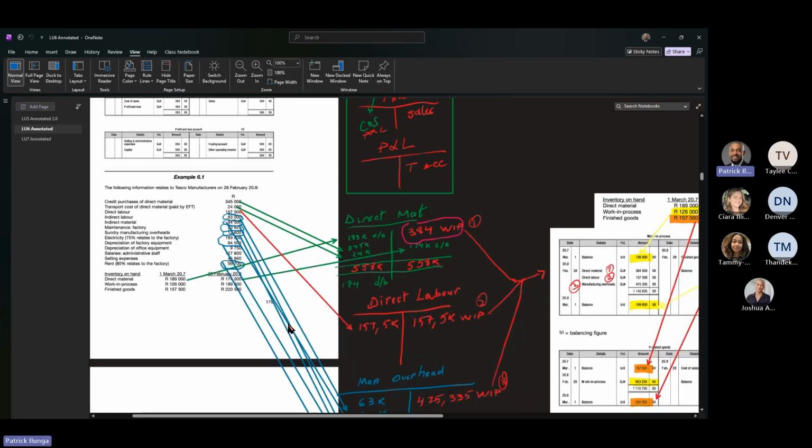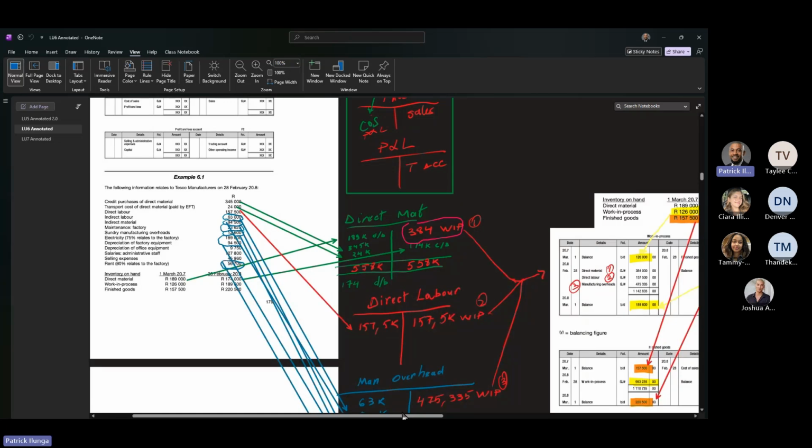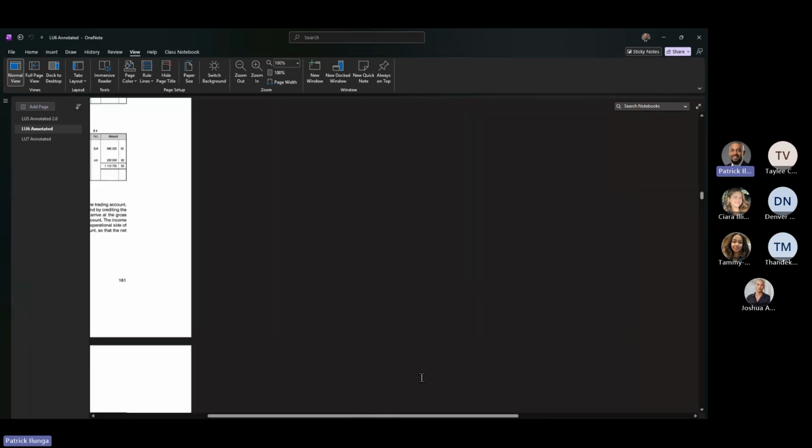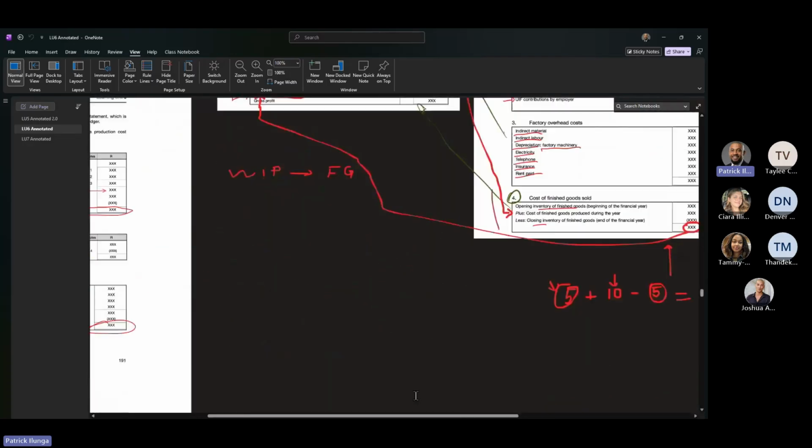Your OneNote will show you directly with an arrow where this goes. In fact, it's a mini lecturer for you. So everything is here. Everything, everything, right?